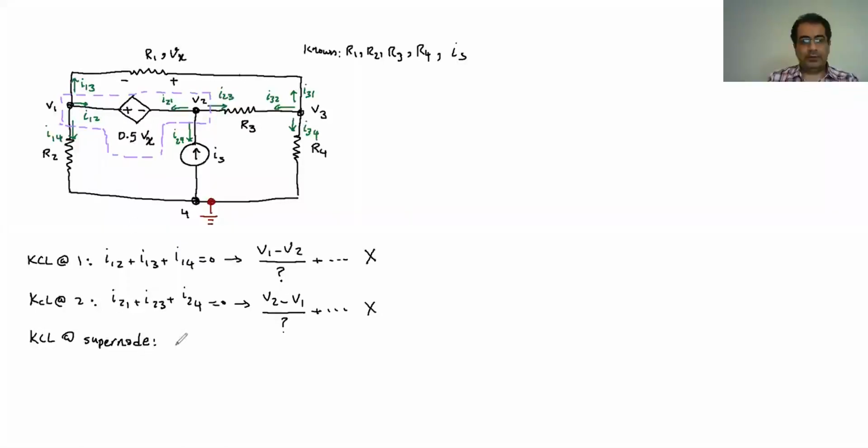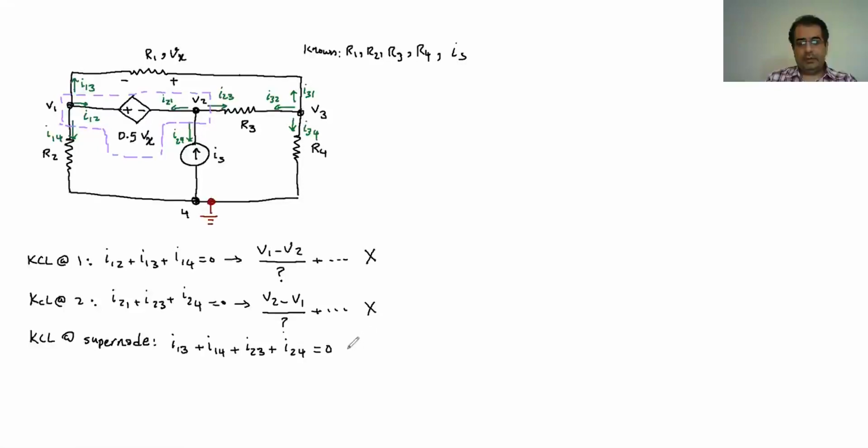So if I write that, I have I13 leaving, then I14 leaving, then I23 leaving, and here I24 leaving, and this is going to be 0.